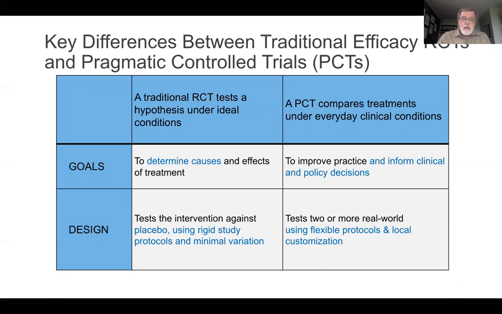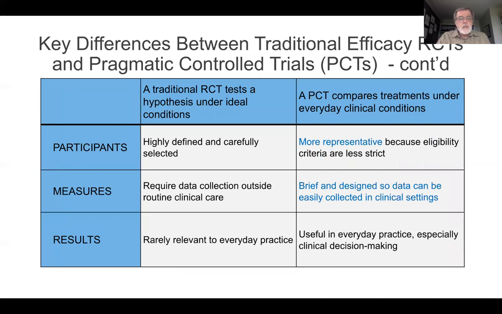And that is in contrast to a more pragmatic focus, which is concerned about real-world application issues. And that would be to inform clinical, and we also should say that they're public or community health or policy decisions. The next slide shows a few other differences that we'll get down to, including the measures that are used.